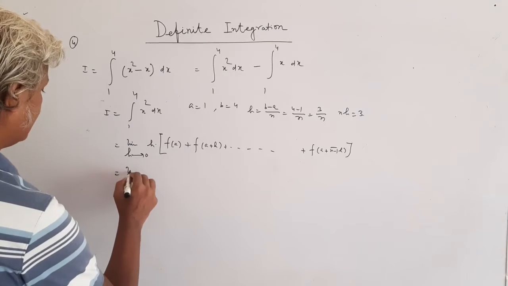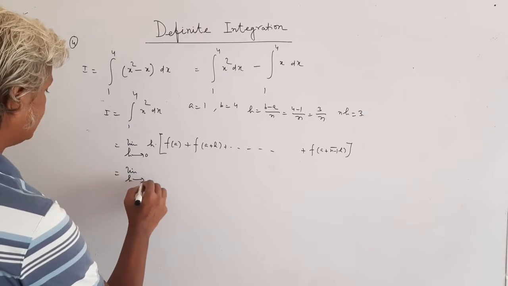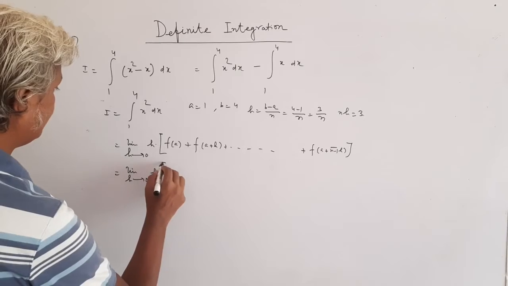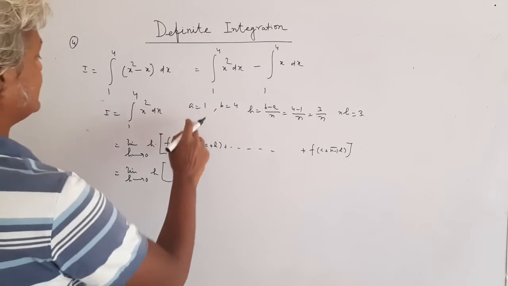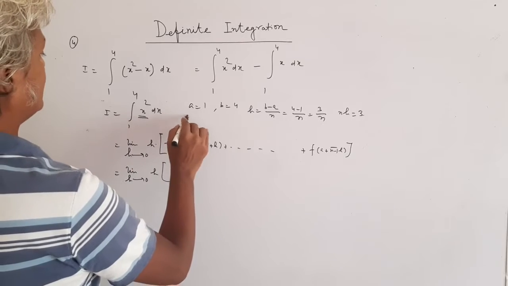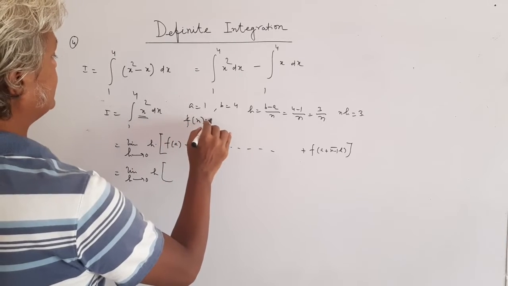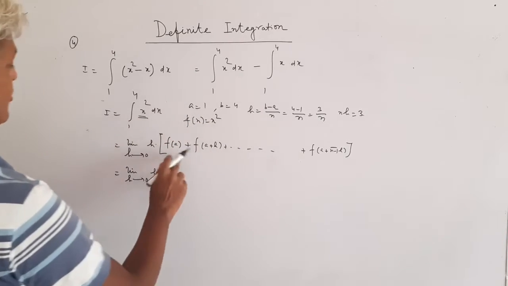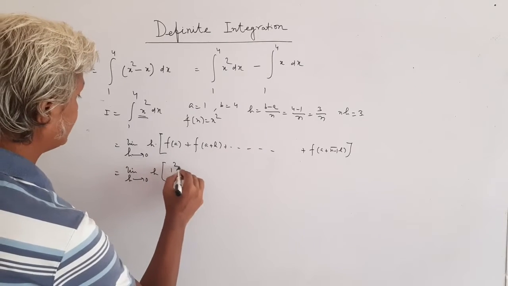Then limit h tends to 0, h times f(a). What is f(a)? This is f(1), and what is f(x)? This is x square, because f(x) here is x square. So what is f(1)? 1 square.